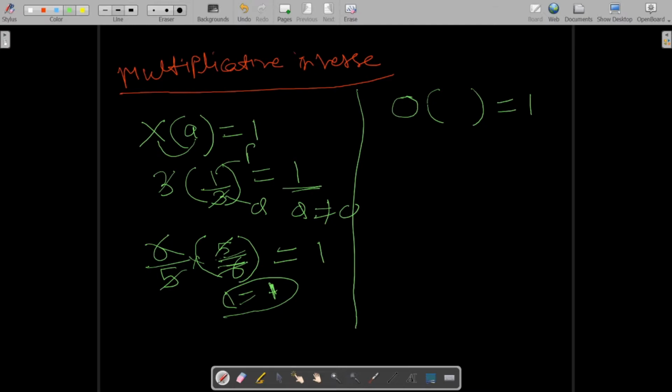Obviously no. If you multiply anything with 0, any real number you take, whether it is an integer, natural number, whole number, rational, irrational, that will come 0, not 1. So 0 does not have a multiplicative inverse. So I think you would have understood what is multiplicative inverse and multiplicative identity.